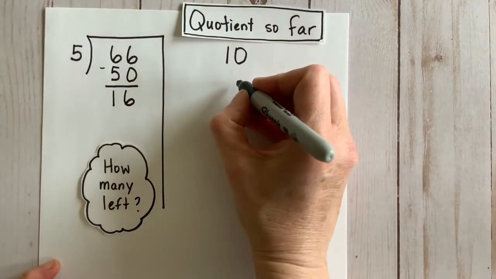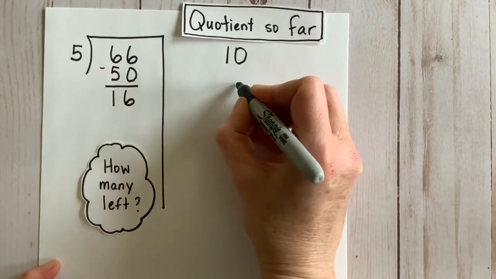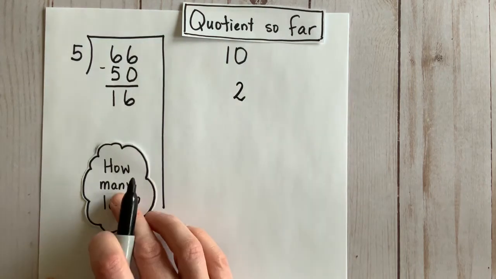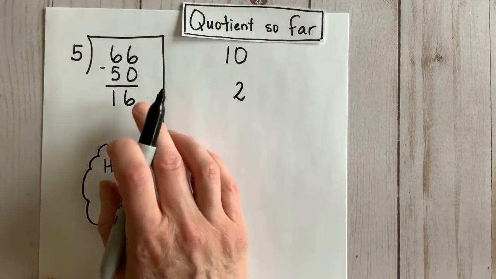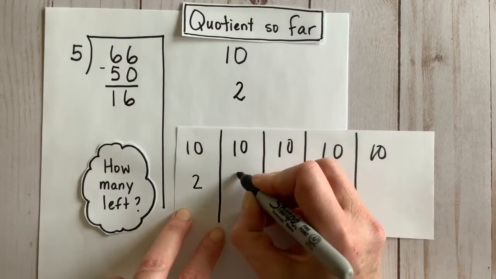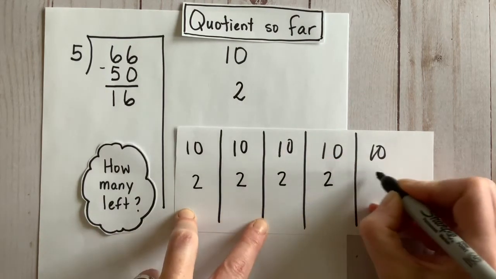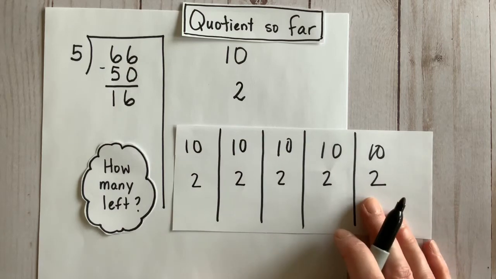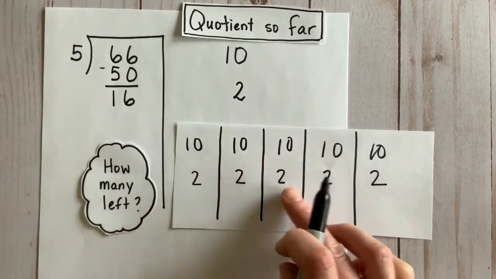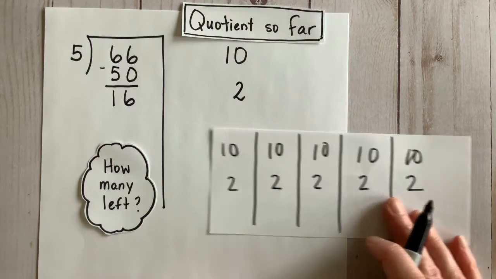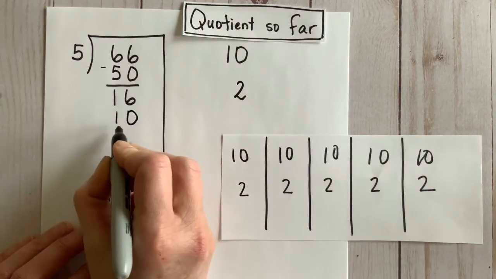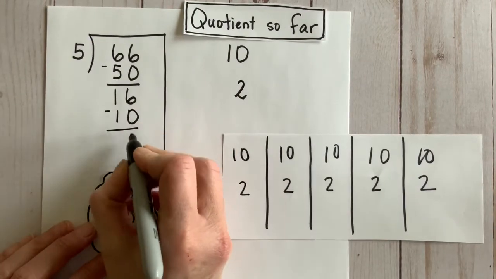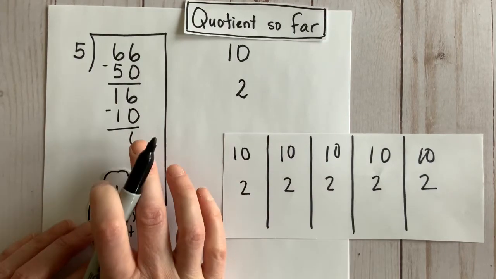How about another 2? How many would be left then? When we draw it out, we see that we ended up sharing out 5 groups of 2, and that is 5 times 2 gives us 10. That's another 10 of our dividend shared out, leaving us now with 6.